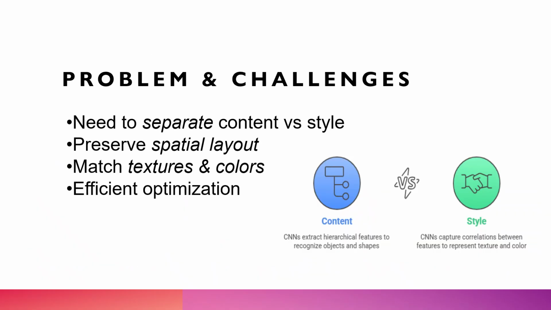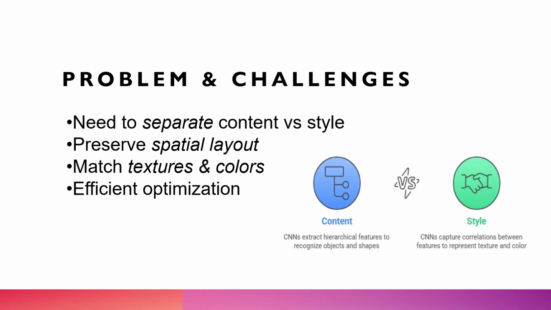The main challenge the authors tried to solve is that in any image, content and style are mixed together. Content refers to the spatial layout, like the structure of the objects in the image, and style refers to the texture, color, and brush pattern.